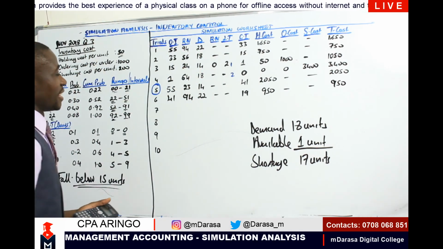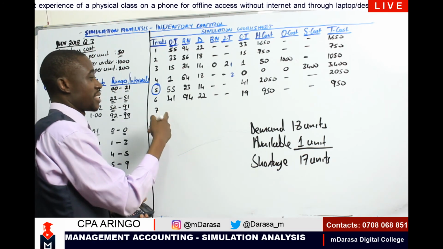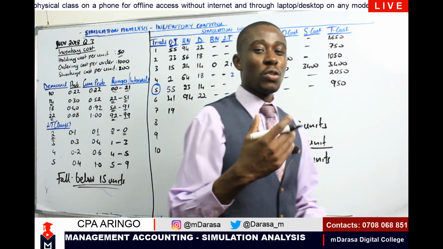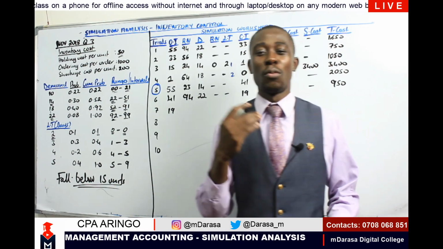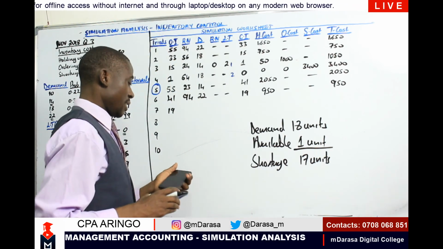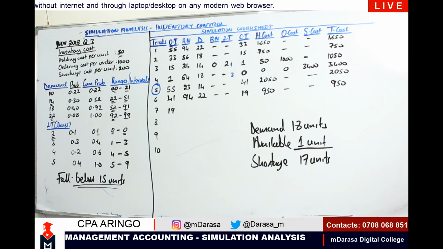Correct? Then day 7, our closing inventory should be opening inventory in day 7, right? Which in this case is 19. Consider the next random number. The next random number after 94, for those probably who are joining us right now, this was our question.